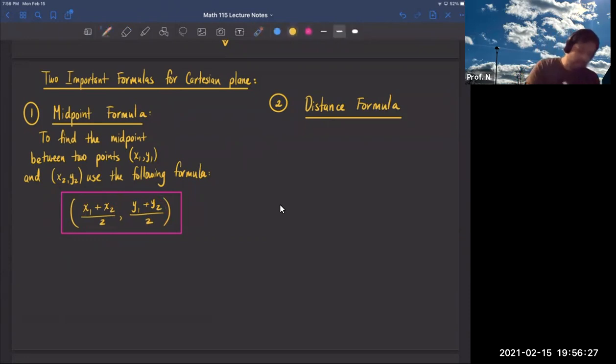So I'll give you an example. Let's suppose I'm in the xy plane and I'm given 2 points. So let's see.